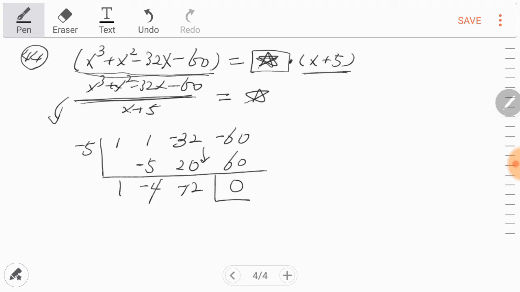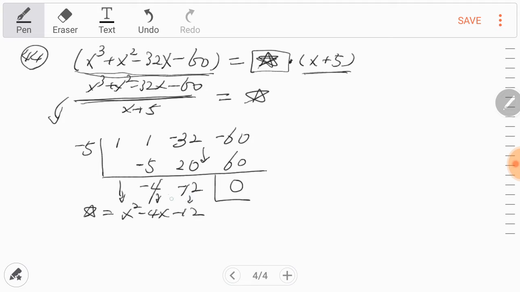So the star is x squared minus 4x minus 12, because this is the constant, this is the coefficient of x, and 1 is the coefficient of x squared.